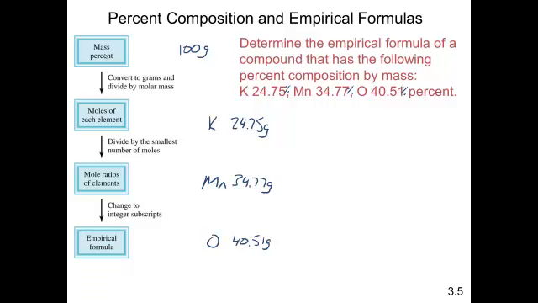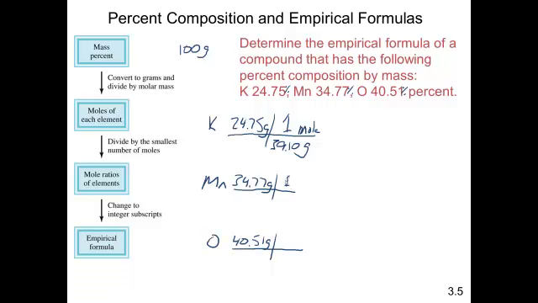Now we need to convert grams to moles. We're going to do that by dividing by the molar mass. Alright, so we're going to set up a few conversions here. Grams is in the top left, so we want grams in the bottom right. And we want to go to moles. Because we are working on molar masses, it's always going to be 1 mole. And 1 mole of potassium weighs 39.10 grams.